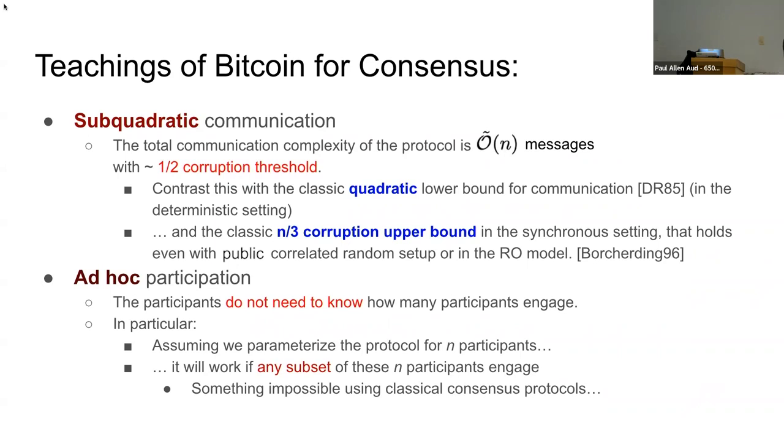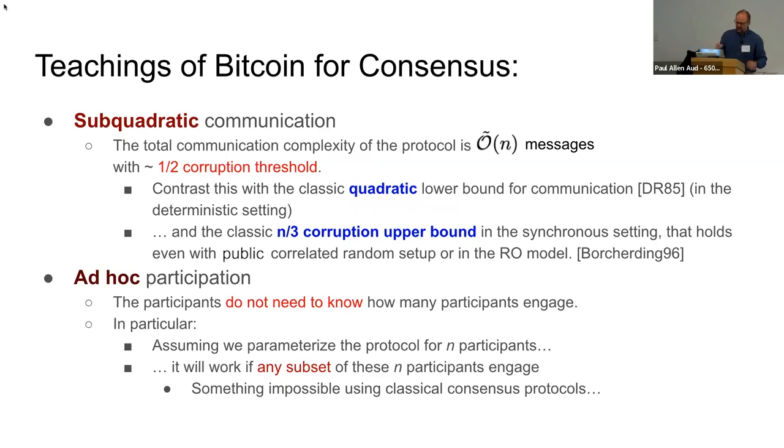It is capable of using proof of work to go around this. In order to go over n/3, we have to have a PKI. In the Bitcoin setting, we do not have a PKI, but we still manage to go up to 50% in a completely different way.